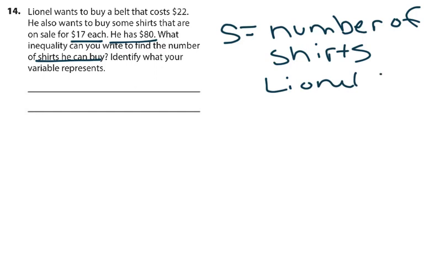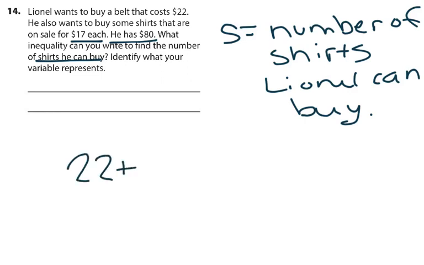Be specific with these. That's really important. Okay, so Lionel wants to buy a belt that costs $22. And he's going to add some shirts into there, $17 each. We don't know how many he can buy, so we're going to write that S in there to figure it out. He's going to have to multiply those two because they're $17 each.